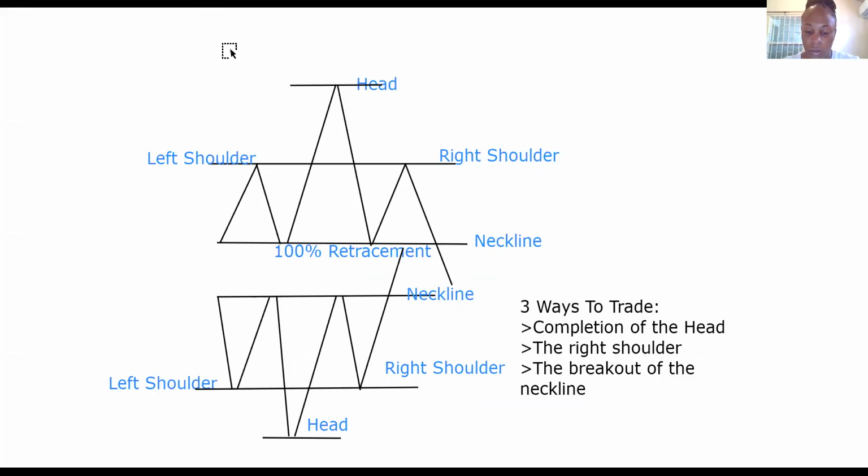I will as well. All right, so you can save it in terms of understanding how the head and shoulder pattern usually tends to form.